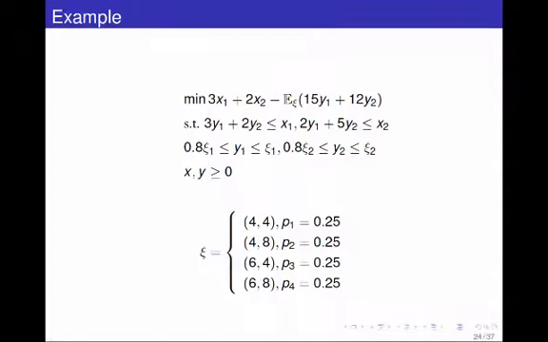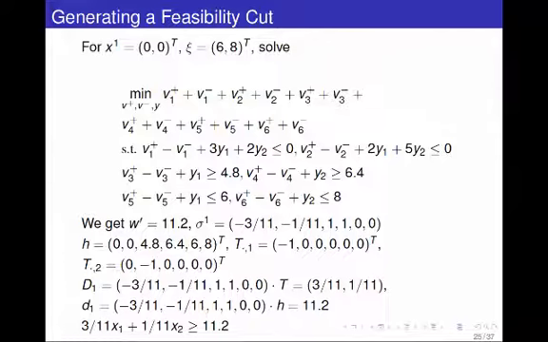So back to the example. For a trial x which is 0, 0, and for this specific scenario, if we solve this problem, we do get a positive value of the feasibility problem, which means that for this specific scenario, the x cannot lead to feasibility.